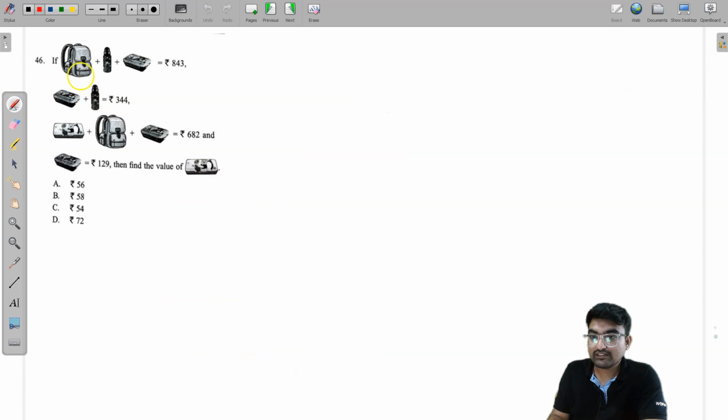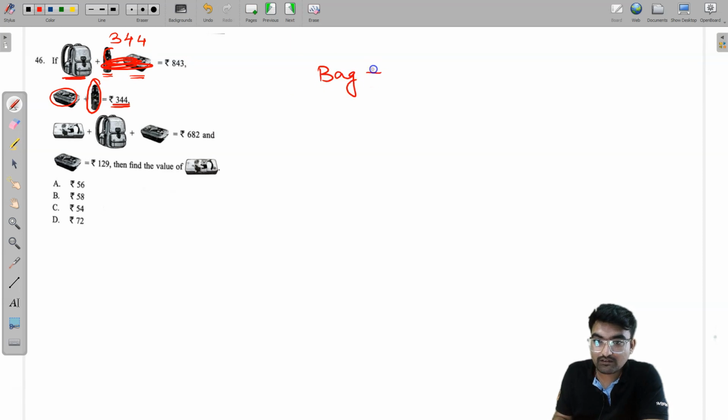We don't know the value of all these digits, but I know that this compass box and this bottle cost 344. So instead of these two, I can say 344, correct? So now bag plus 344 is equal to 843, correct? Now bag is equal to 843 minus 344, correct?